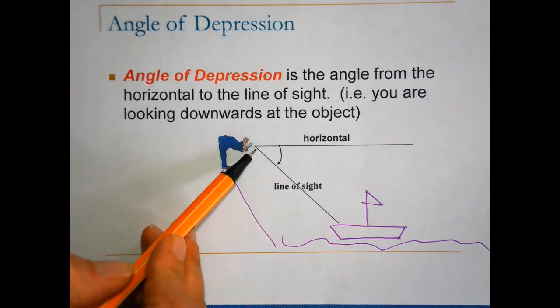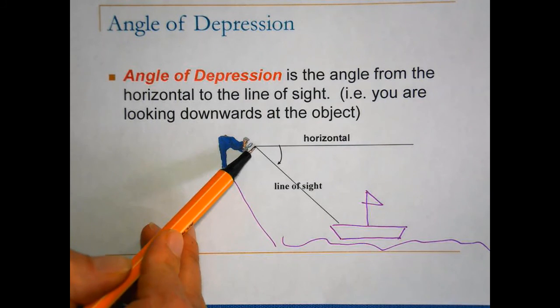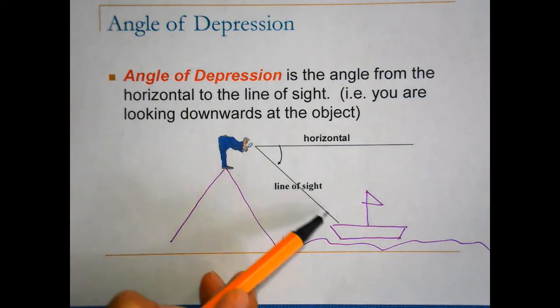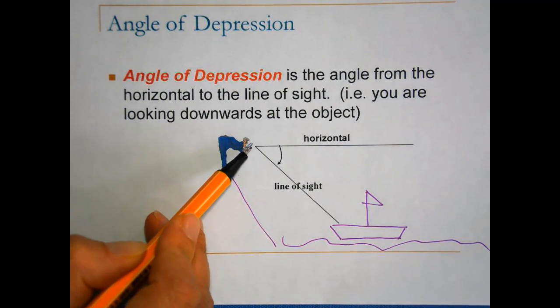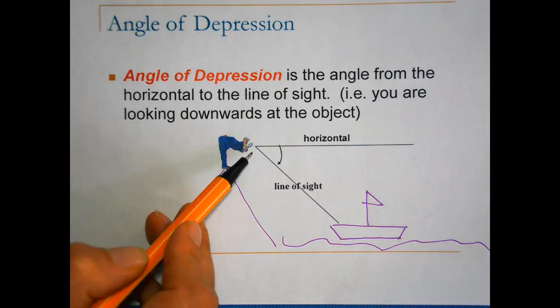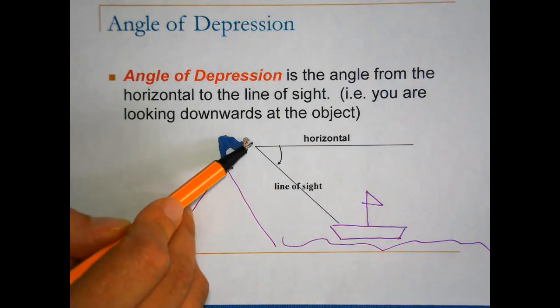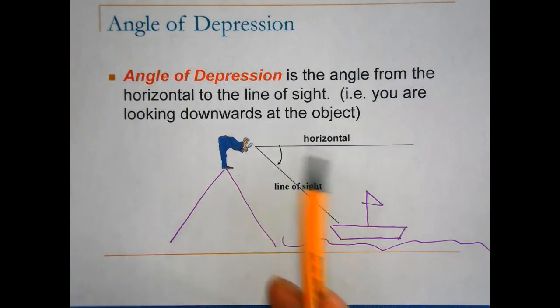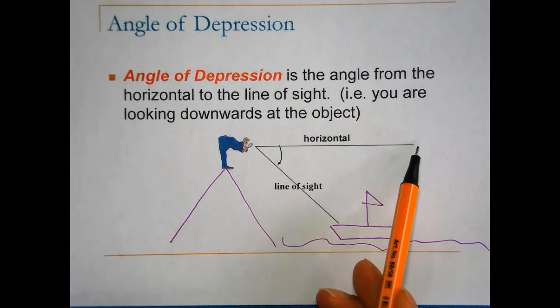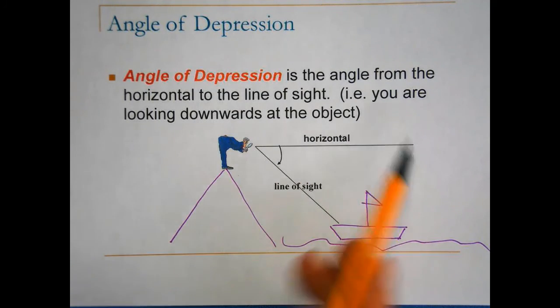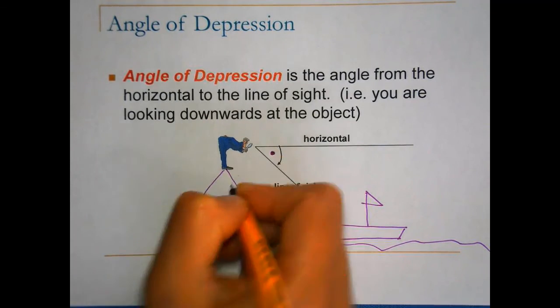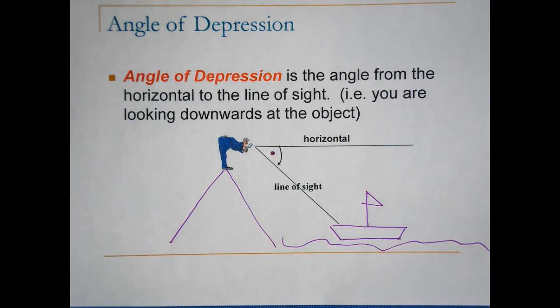So again, this is the line of sight. Imagine a string being connected from your eyes to an object you are looking at downwards. So this time you're looking downwards, and again this is the horizontal line. This is considered what we call the angle of depression.